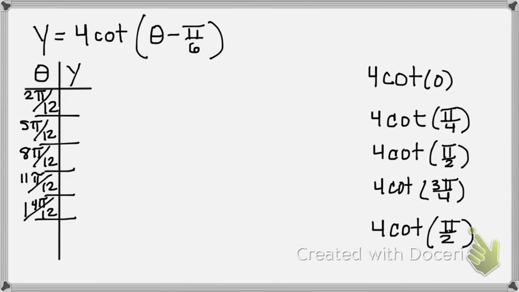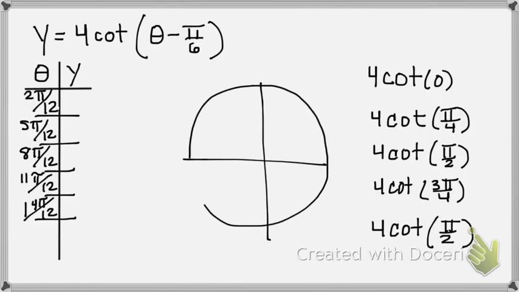And then get a unit circle and find those values. So if I'm going to do the cotangent of 0, I'm going to be here on a unit circle, and my coordinates there are 1, 0.